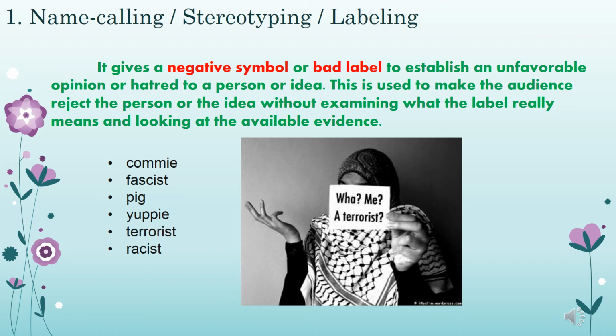This is a term used to call the communists, fascist, pig, yuppie, terrorist, racist. So these are the terms that we label, that can be used rather to label other people. And when you are labeled the following, it is kind of negative. So it will make other people hate you or hate the other person.